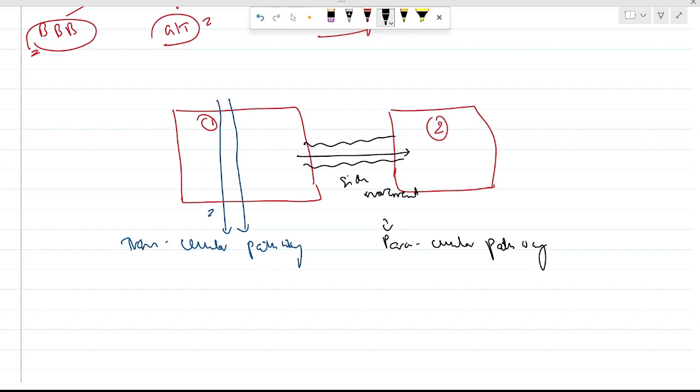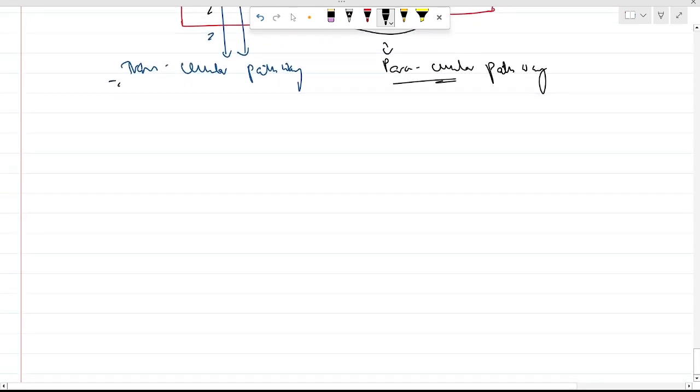So across the 2 cells, the side movement is the paracellular pathway; across one cell is the transcellular pathway.